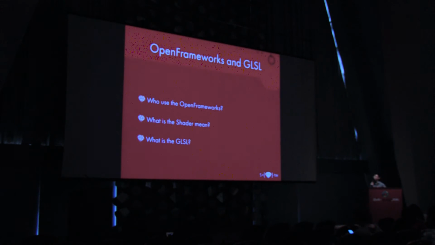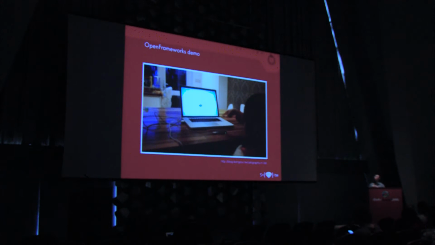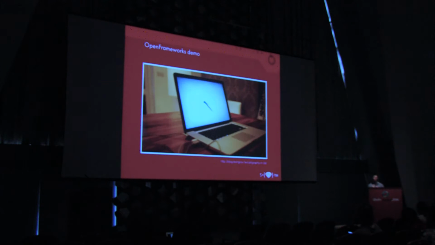Okay, before my talk starts, I will introduce who uses openFrameworks, what a shader means, and what GLSL is. You can see this video, because openFrameworks is usually used by artists. They may not know how to program, but they have to create digital art.